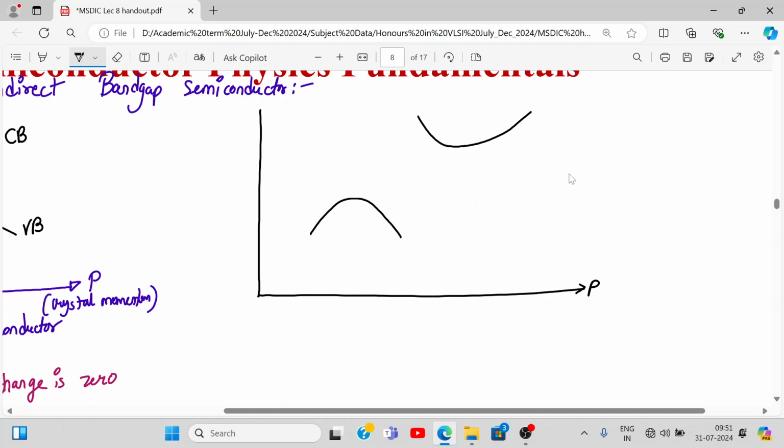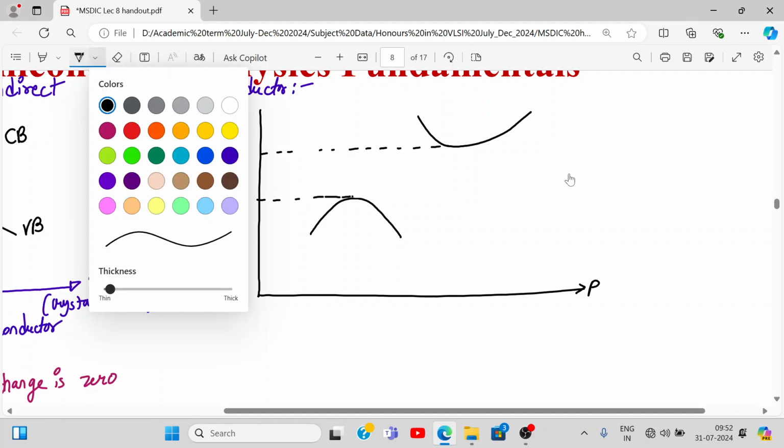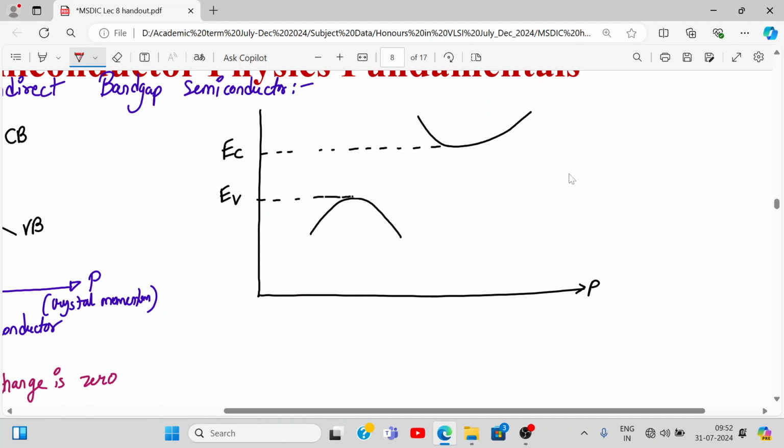Now where is my conduction band? This is my conduction band. Where is my valence band? EC, EV. Now if a recombination has to happen, how will it happen? From here only na, carriers are there. This is my conduction band. This is my valence band. How will it happen?